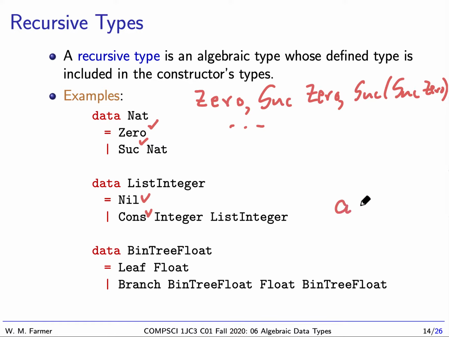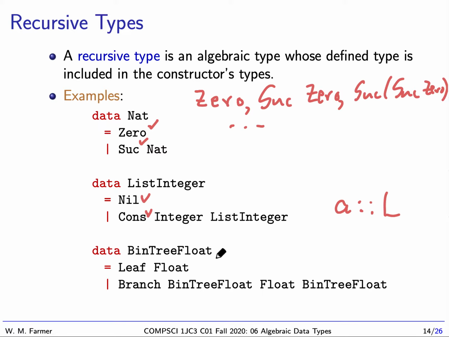So this corresponds to this notation, where this is our list of integers. Well, this in list integer is not this operator, but it has the same structure as this operator that we use for forming lists in Haskell.